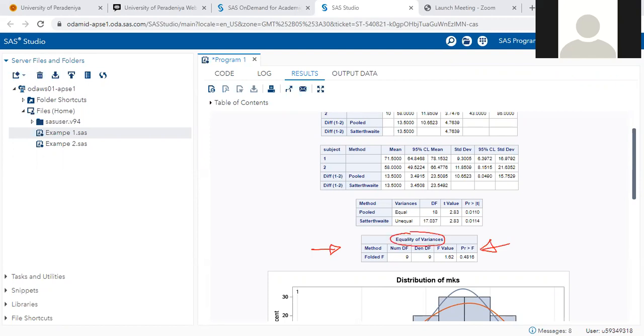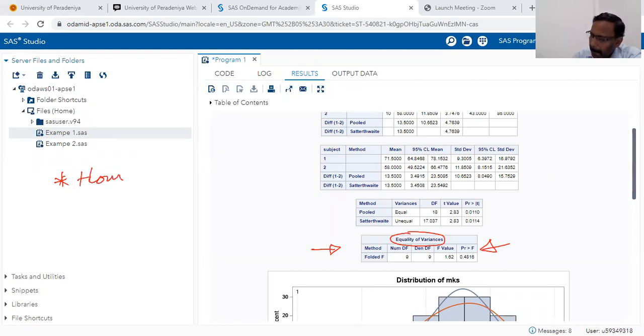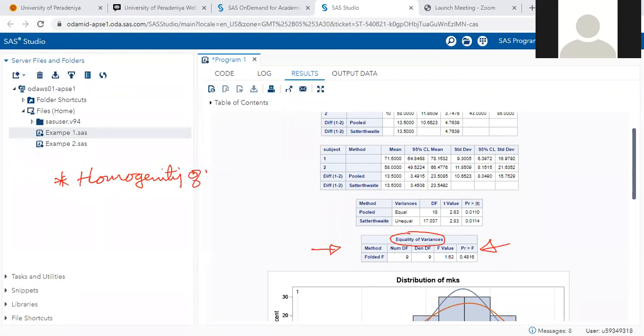Look at your notes, first year notes or 3-1 notes. Can you remember we tested one assumption? What is the assumption that we have tested? Still, we are talking about pooled t-test.